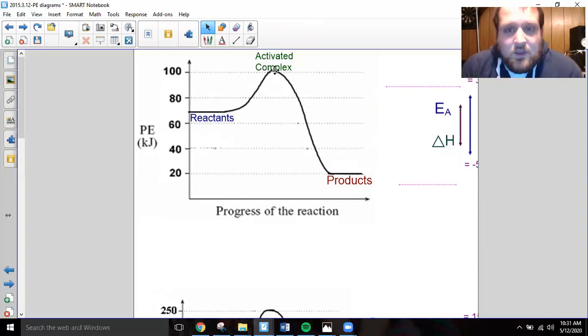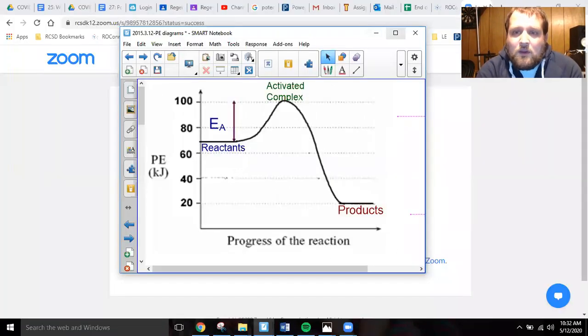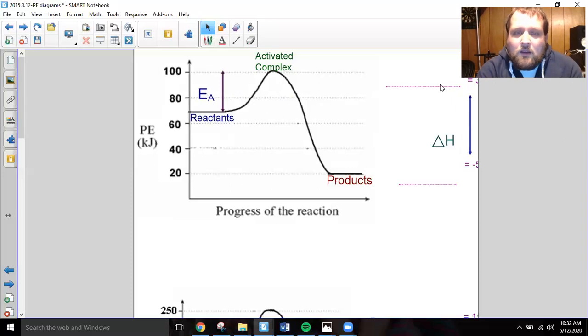So remember, the activation energy is the energy you have to add to break the bonds. So if we start here at 70, and we have to get up to 100, how much do we have to add to get there?